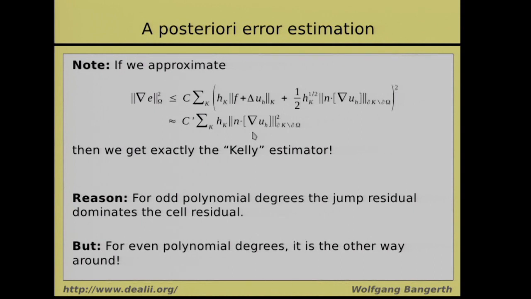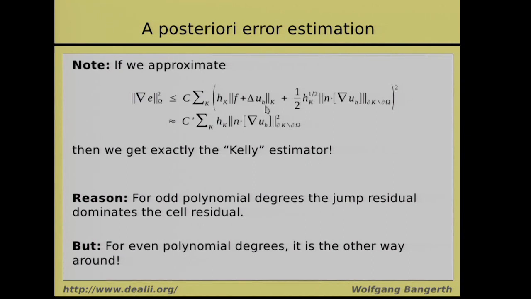We can show mathematically, it's a really awkward computation, I certainly don't want to repeat this here, that for odd polynomial degrees, the jump term has a lower convergence order than this one. So this one, for example, would go something like h squared, and this one would go like only h. So if the mesh size is small enough, this term is going to dominate, and this term can be neglected.